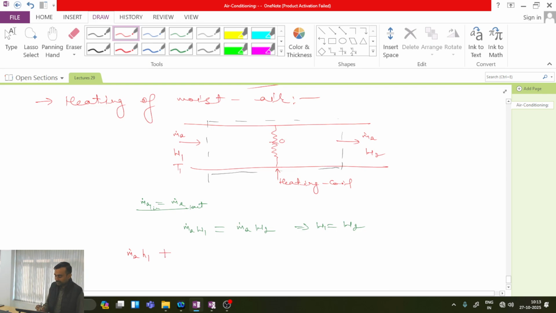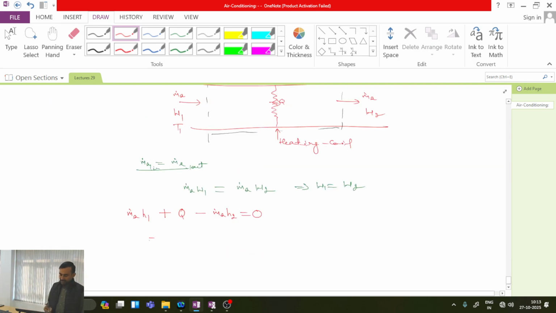Some Q amount of heat is added to the air from this heater surface. Then what is leaving? Again m dot a is leaving, but now with enthalpy H2. So from here I simply get that Q equals m dot a into (H2 minus H1).